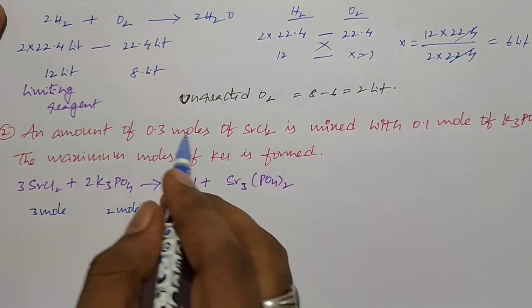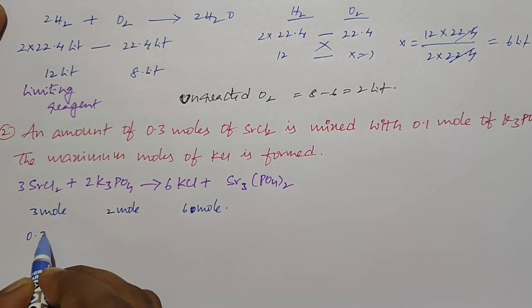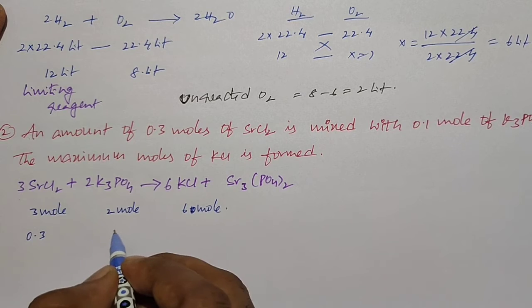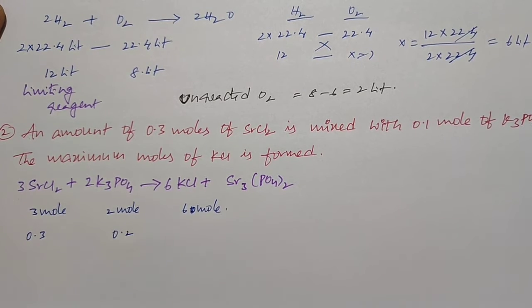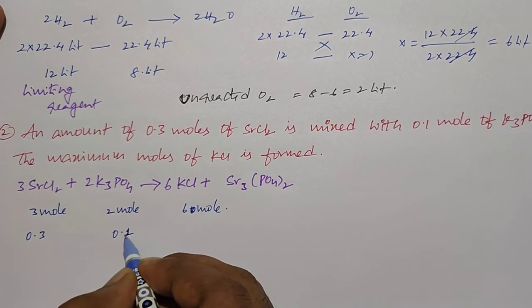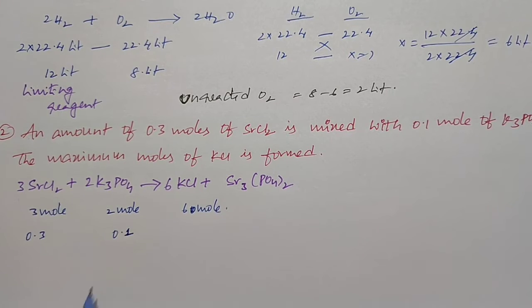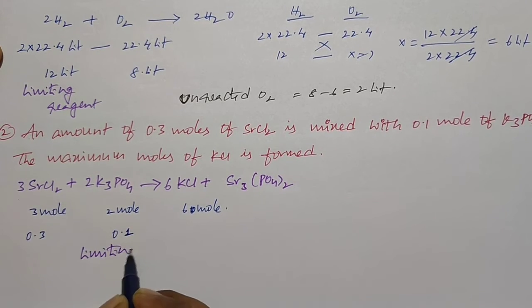At the same time, as per the given information, 0.3 moles of strontium chloride is given and 0.1 mole of potassium phosphate is given. For 3 moles of strontium chloride, we need 2 moles of potassium phosphate. At the same time, for 0.3 mole of strontium chloride, we need 0.2 mole of potassium phosphate. So here, potassium phosphate acts as the limiting reagent.